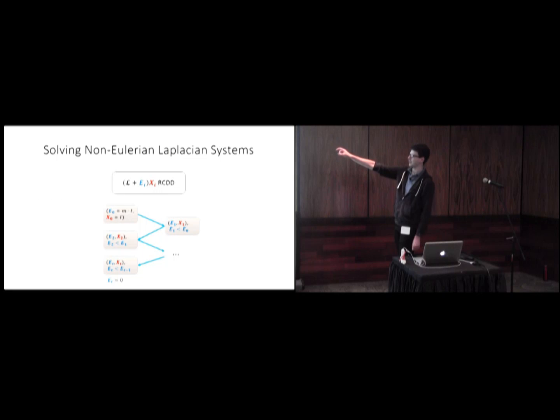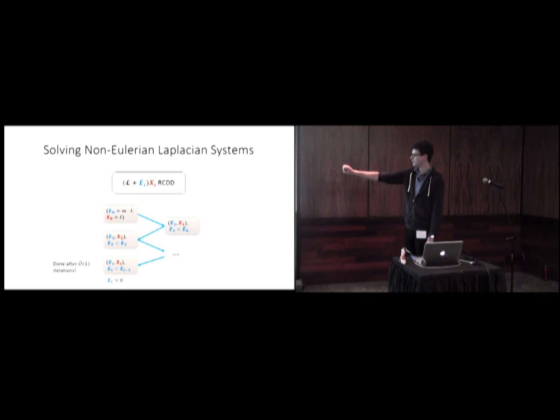So remember what was going on. We start with some pair E and X that's trivially defined. We apply this iteration that I described before, and we only need to do this a polylogarithmic number of times until we reduce the diagonal matrix E very drastically, very fast.